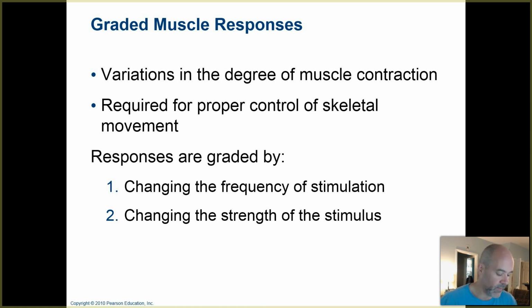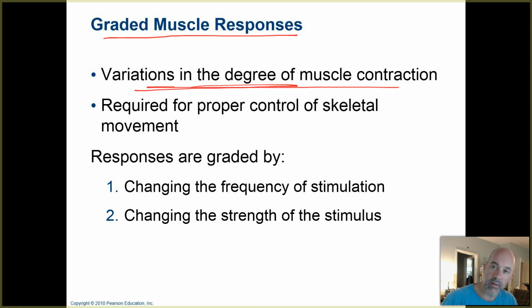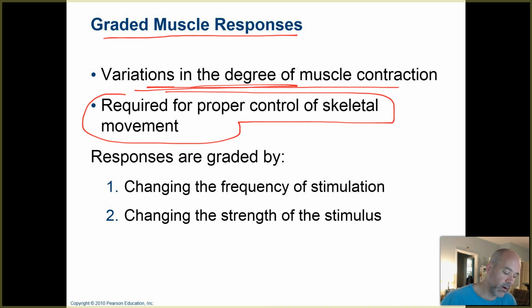And this gets into graded muscle responses, which refer to variations in the degree of muscle contraction, how forceful that muscle contraction is going to be, how long it's going to last. And this is going to be required for controlling our skeletal muscles properly.